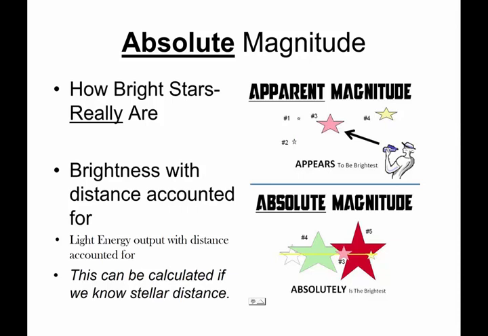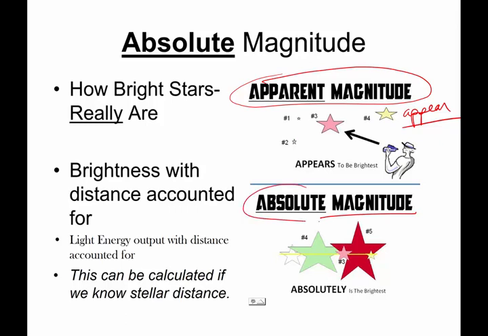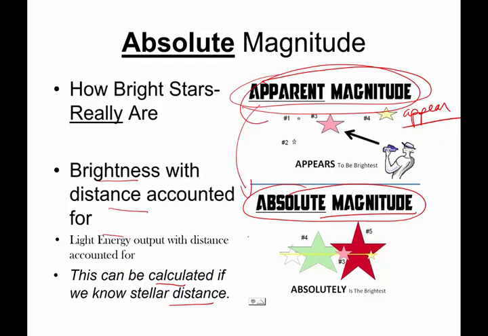Now, what we just talked about was apparent magnitude: how bright do things appear? What we need in order to do some good scientific research is to know exactly how bright different stars absolutely are. This is referred to as absolute magnitude. This is brightness with distance taken into account. Now, if we know how far away stars are, we can take the apparent magnitude and calculate absolute magnitude.